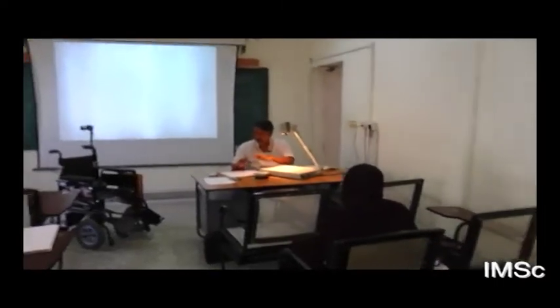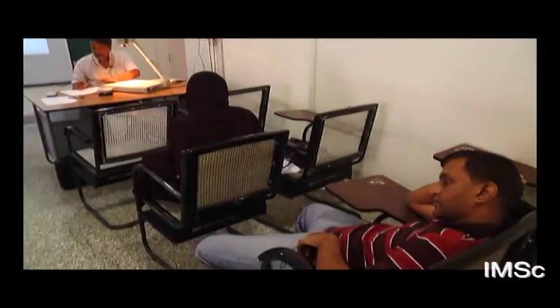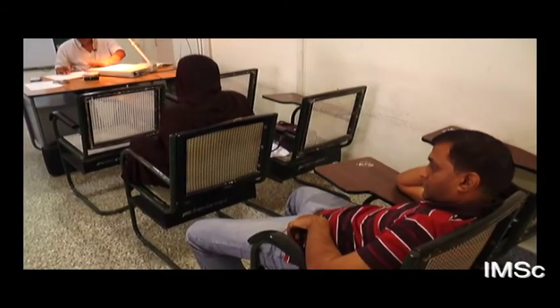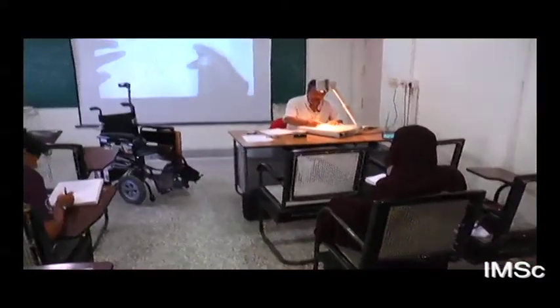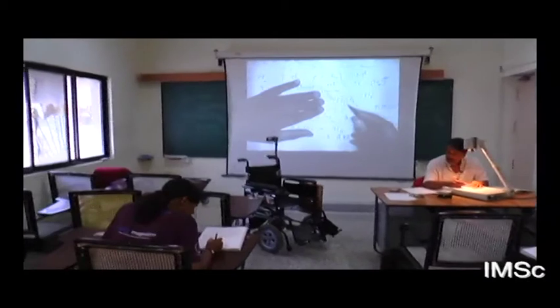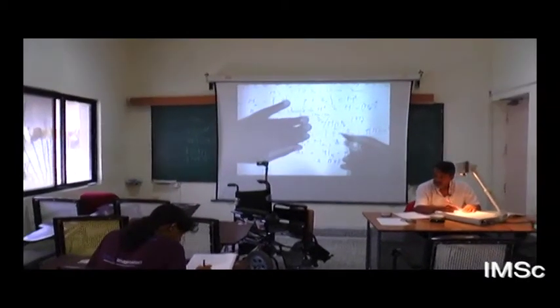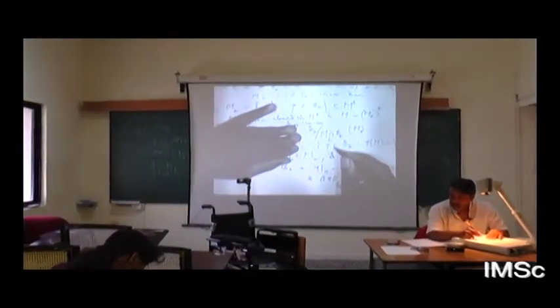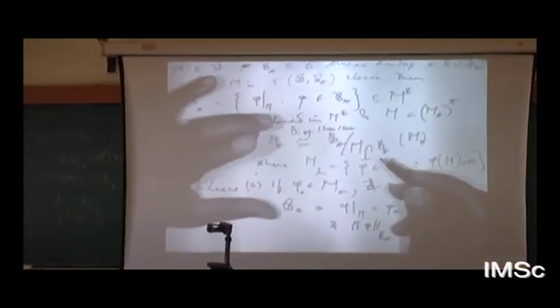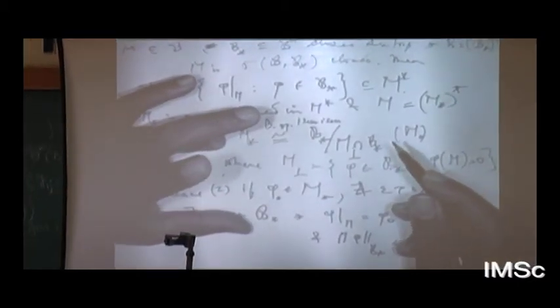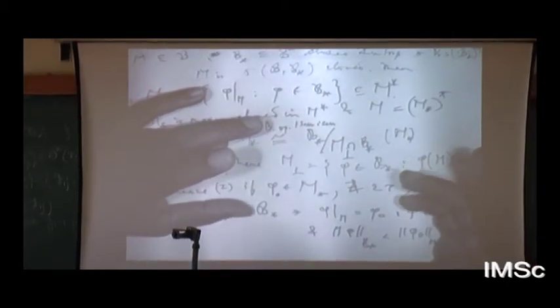See, B lower star is a Banach space and M perp is a closed subspace, and hence if you take the quotient space, that is also going to be a Banach space, and you've shown that that is isometrically isomorphic to M lower star. Consequently, M lower star is complete. So it must be a closed subspace of B lower star.